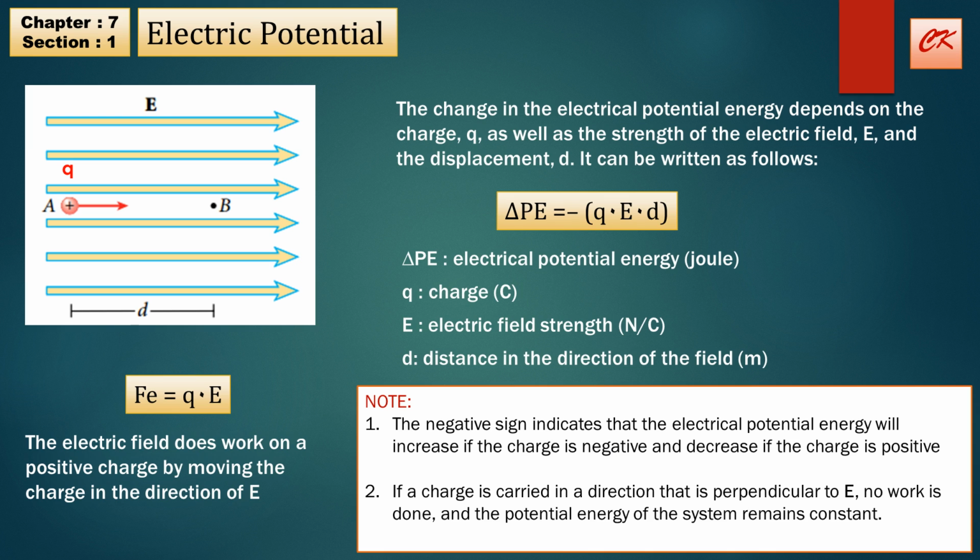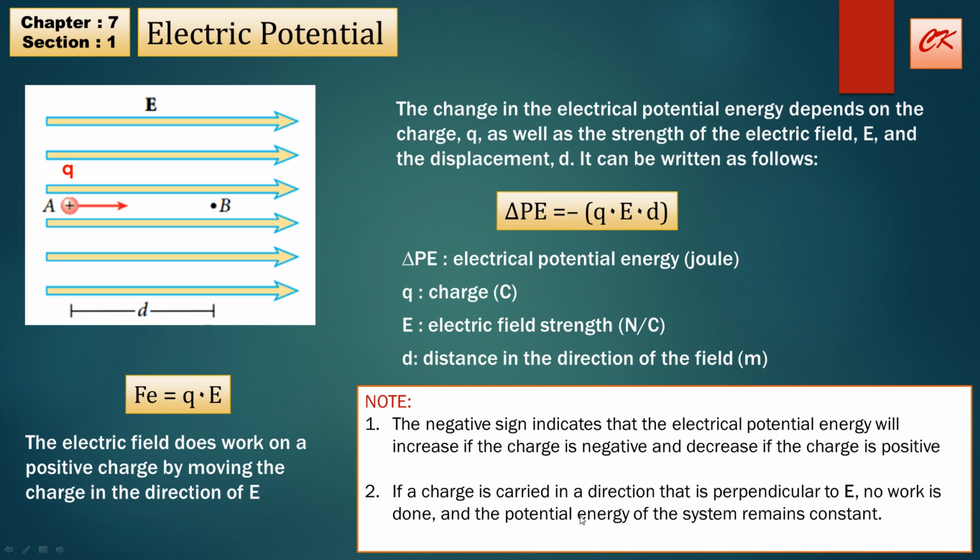Yani, if we put a negative charge here, I think all of you agree, it will move to the left, because here is negative and the left side is positive. It will move from lower energy to higher, so its energy will increase, so this part will be positive.